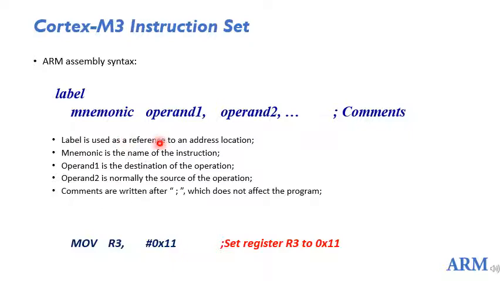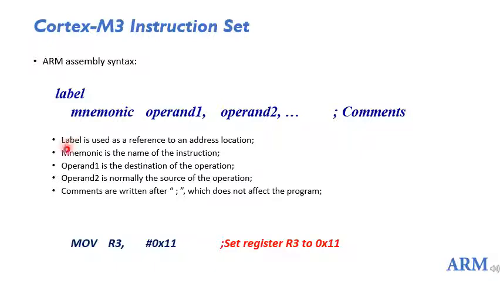You can have the label or you can have the instruction without the label. This label is used as a reference to an address location. That is, sometimes when we want to use branch instructions, you have used this in C, we use jump or branch instructions to some label. That time we will require this label. Otherwise, you can skip this.